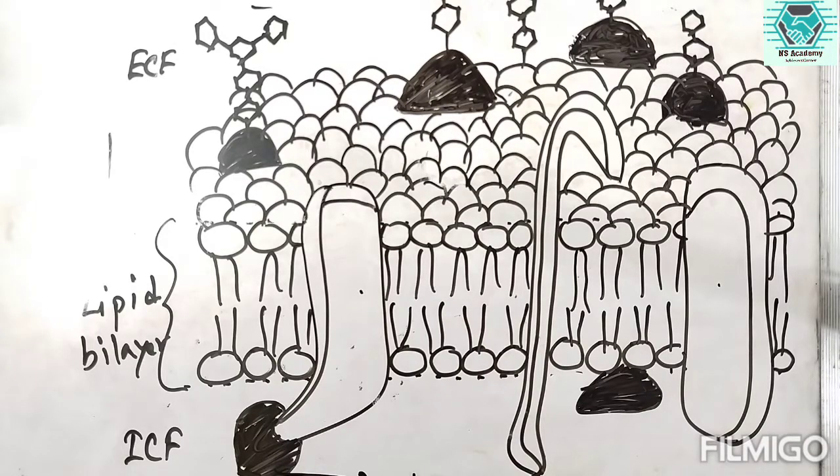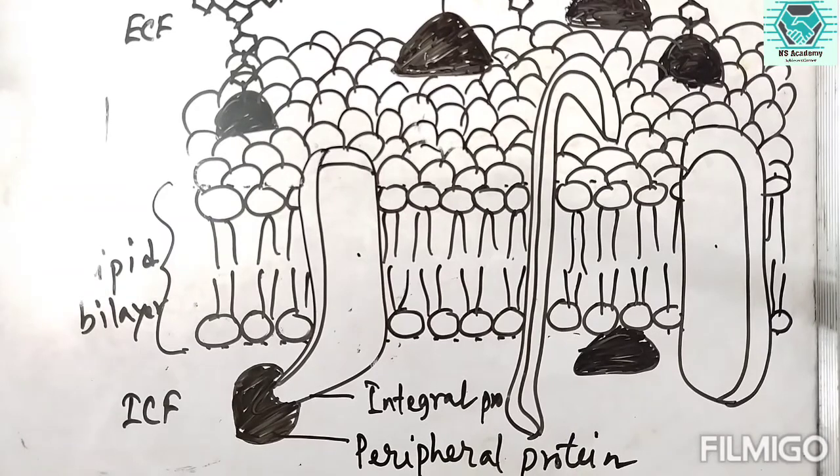These proteins are known as peripheral proteins, whereas these are called integral or transmembrane proteins. The lower ones are the peripheral proteins.